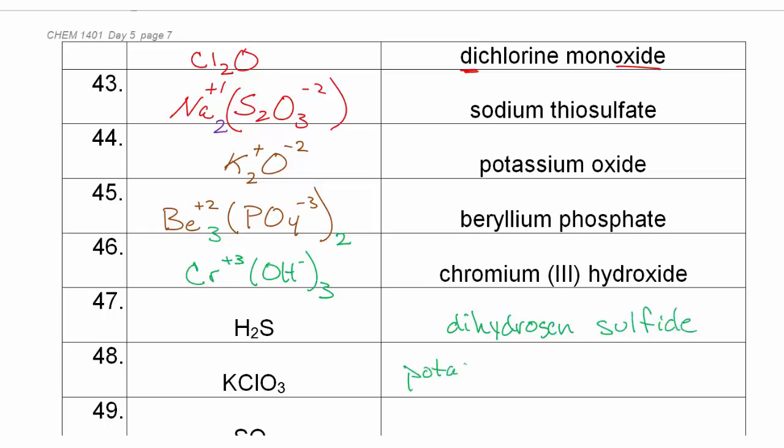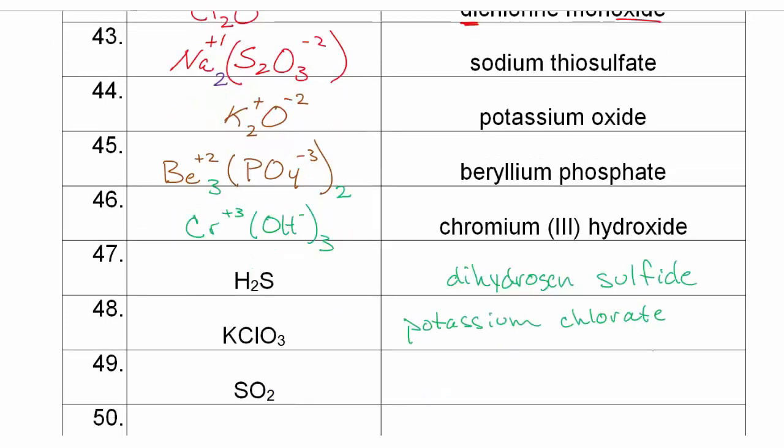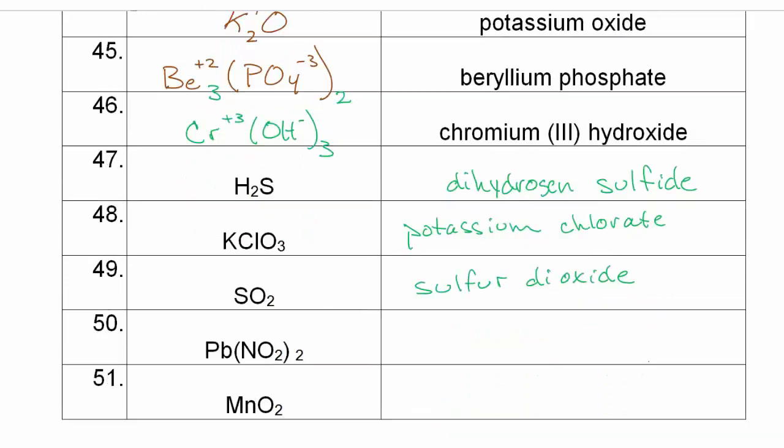Potassium. What's ClO3? Chlorate. Perchlorate had 4 oxygens. Sulfur or monosulfur dioxide. Right, no metal, so use your Greek terminology.